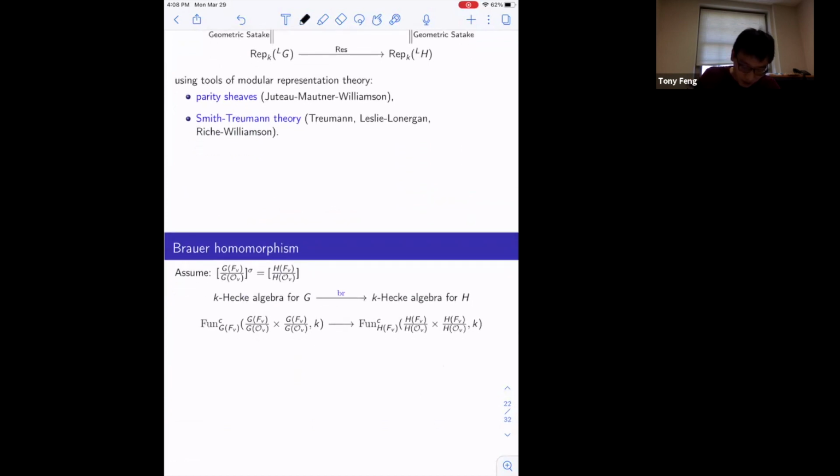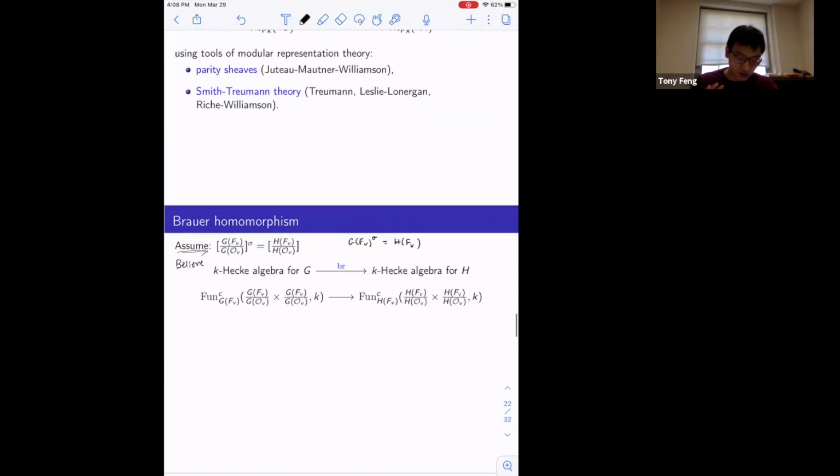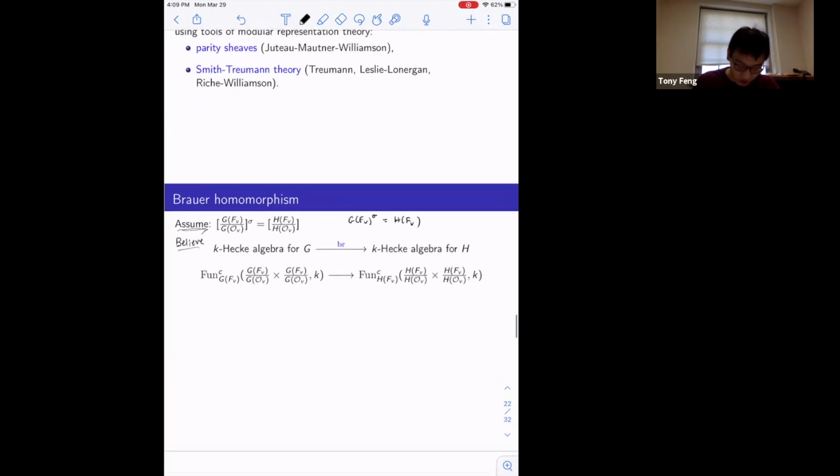Recall that we had this situation with G of F((t)), take its fixed points, I get H of F((t)). Assume/believe that this statement about fixed points remains true on certain coset spaces: G of F mod G of O, if I take the sigma fixed points, I get H of F mod H of O. I say assume because they actually construct this in a slightly more general situation than base change, or maybe significantly more general, and there it's not always true. But actually, if I recall correctly, in the context of base change, it is always true. So we can just believe this is true.